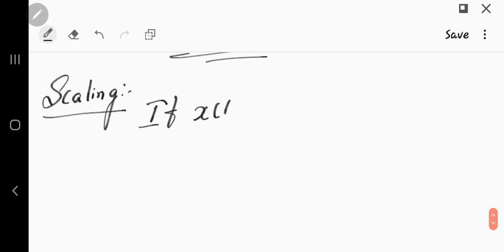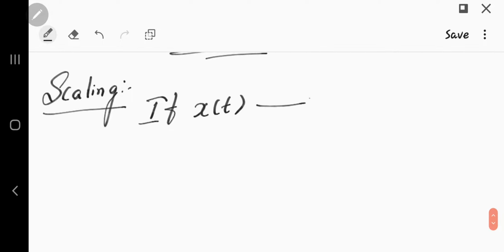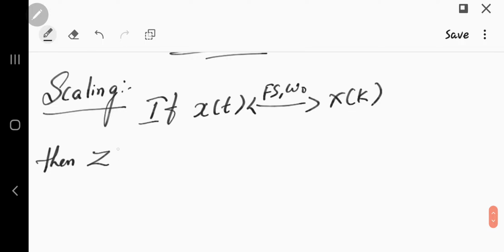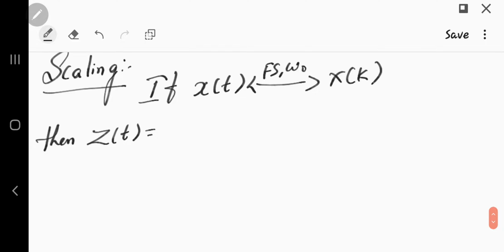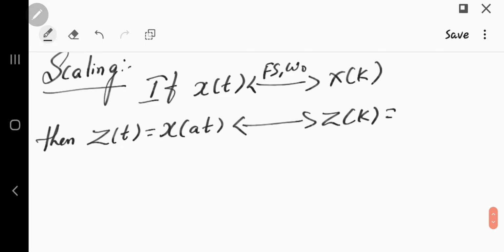So the definition says if x of t gives x of k, then z of t, you can write z of t or you can write y of t, it's up to you, z of k is equal to x of k.